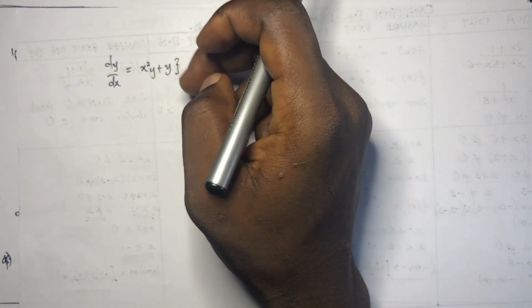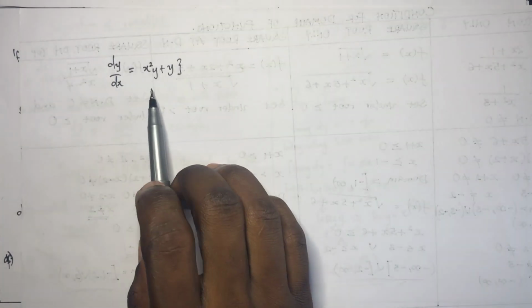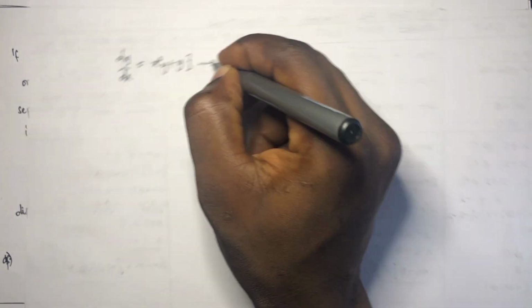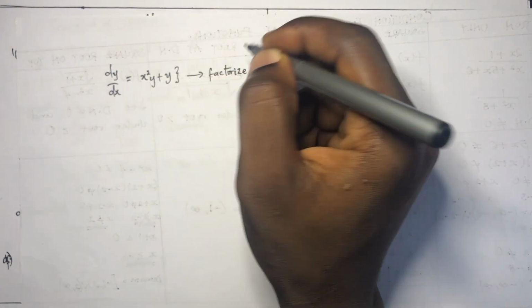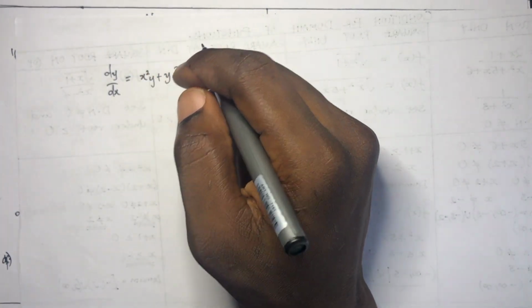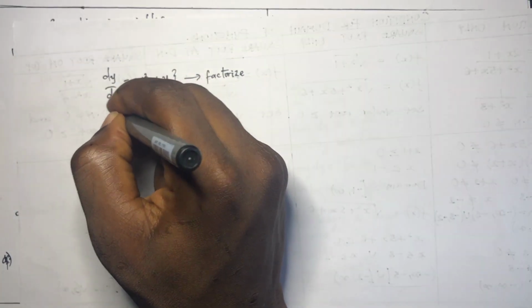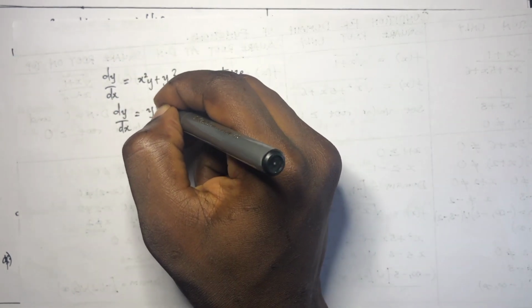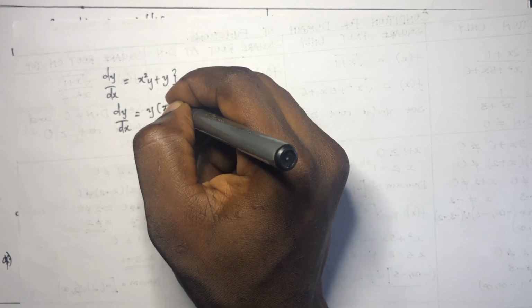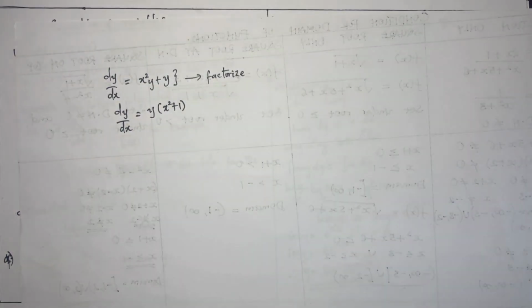Now, looking at the right hand side, you will notice that it's not looking like a product. So what we are going to do is factorize. What is the common factor? The common factor is y. When you factor out y, we are left with x squared plus 1.